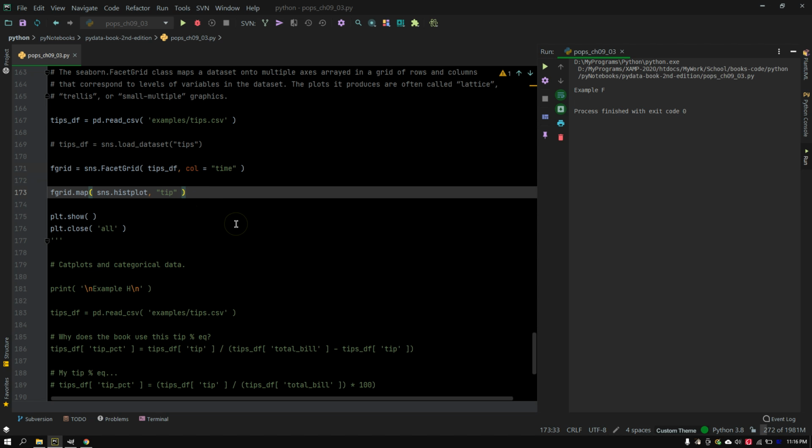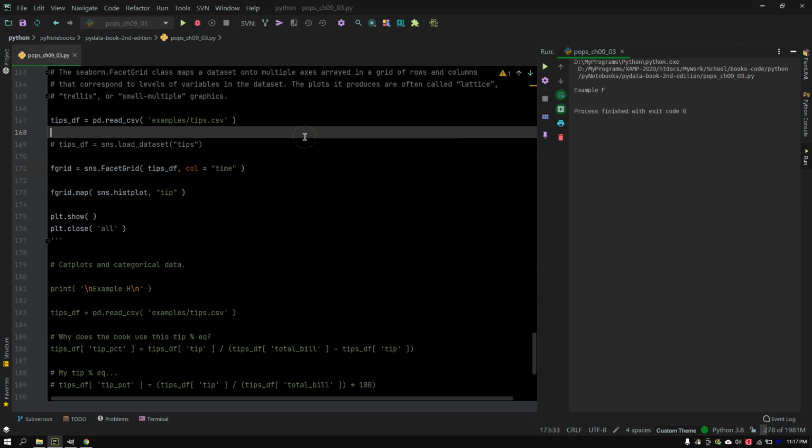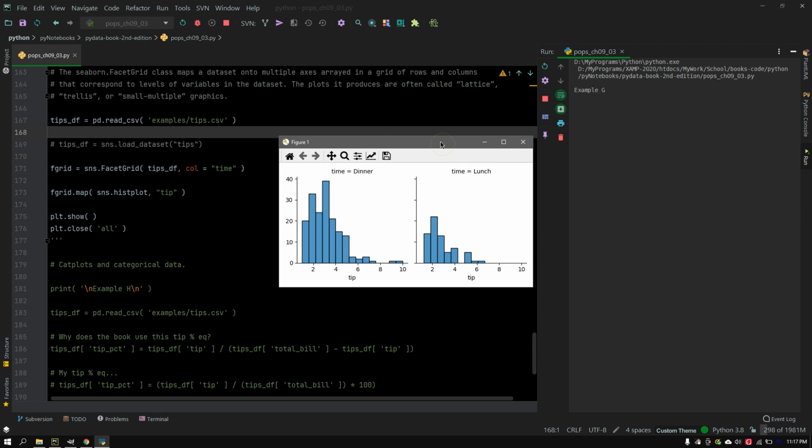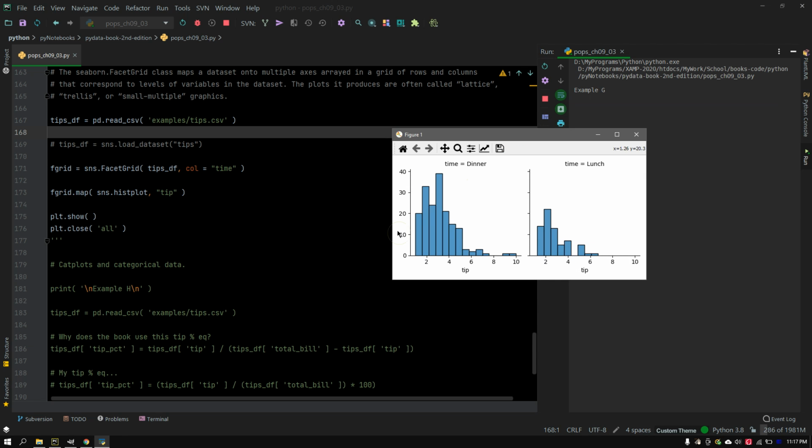The grid map of a hist plot used the time and it found two of those.